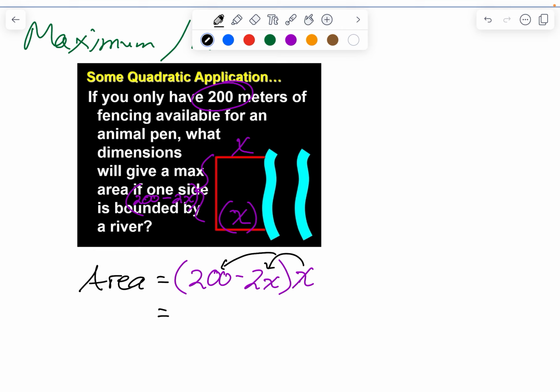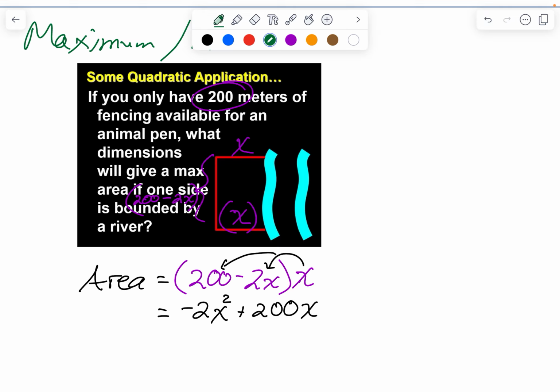If you start to simplify this, you can make your equation be negative 2x squared, I'm going to put that first, and then 200x. Now, this is a good point to stop and think, okay, wait, what are we trying to do? Well, we're trying to get the maximum.